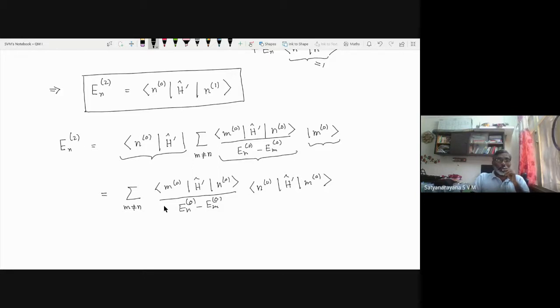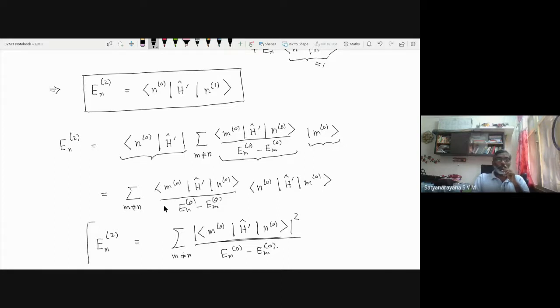So that means the second order correction in energy En2 is nothing but sum over m not equal to n of modulus square of m0 H prime n0 divided by En0 minus Em0, because this is a complex number multiplied by its conjugate. Okay, so this is the expression for the second order correction in energy.